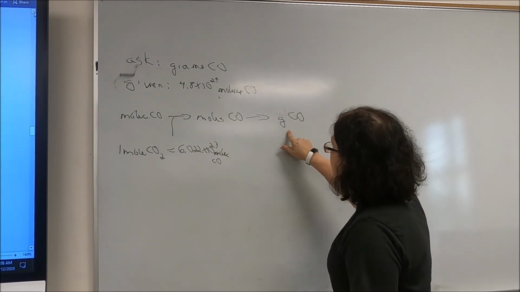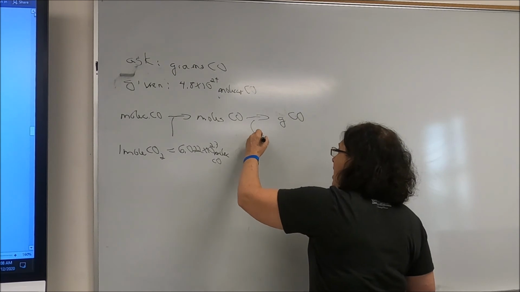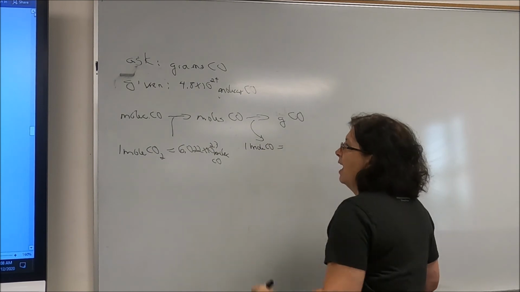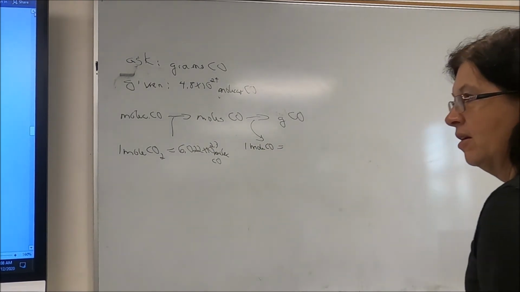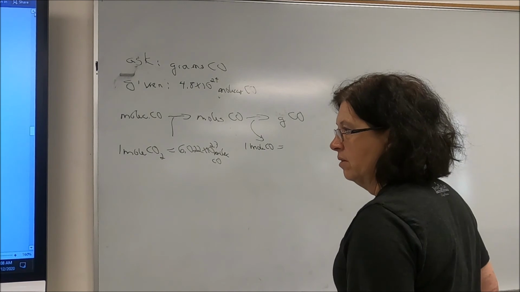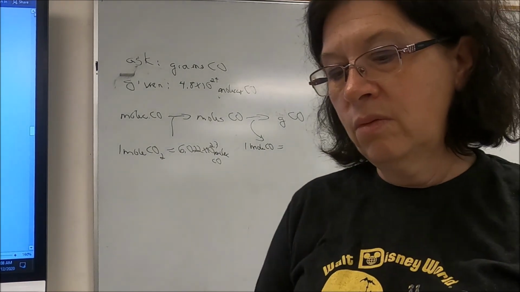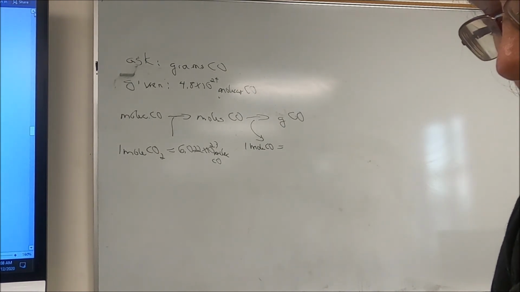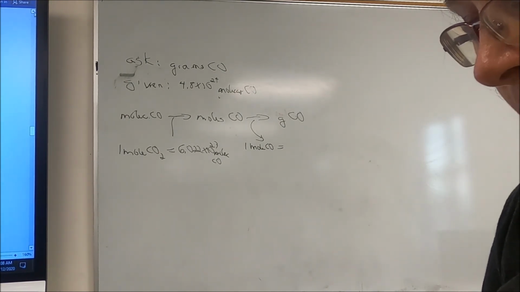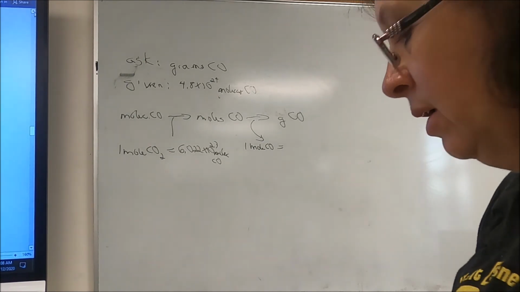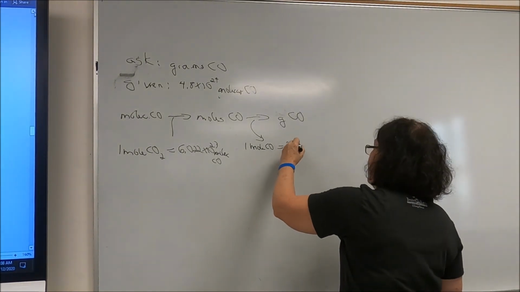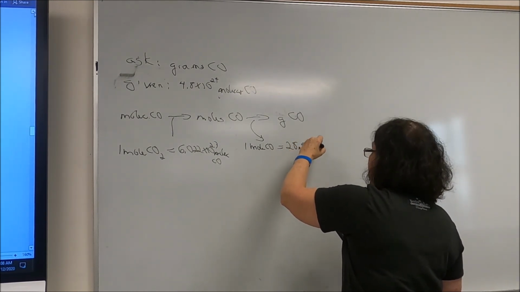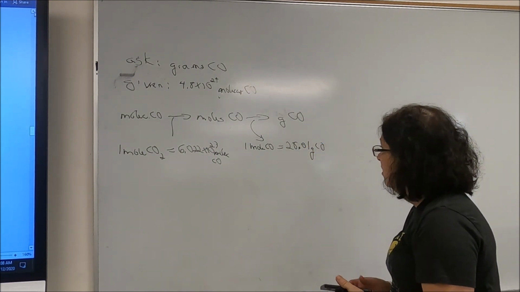To go from moles of carbon monoxide to grams of carbon monoxide, I'm going to need molar mass. 1 mole of carbon monoxide has a mass of, let's see, 12.011 plus 15.9994. I have 28.01 grams of carbon monoxide. Okay?